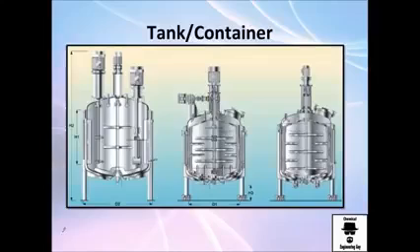Let's continue with the tank, containers, or whatever vessel. You know that eventually you are going to mix in a vessel or whatever container. So the typical application is a tank, steel tanks, or let's say a metal tank. It must be, of course, prepared for the material that you're going to mix.